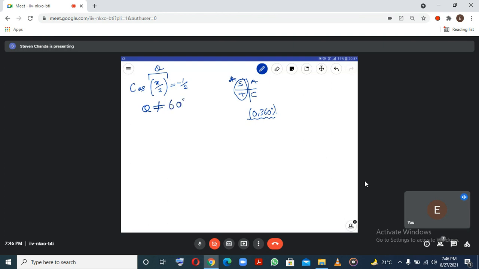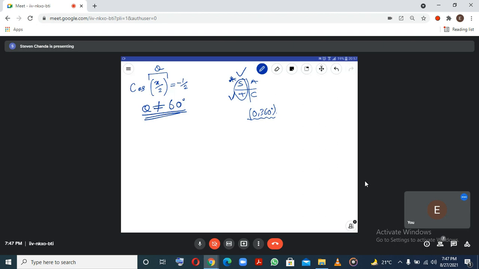Why isn't this the answer? Because if it's an acute angle, it's in the first quadrant, but we know that cos is negative. So the answers we are getting have to be in the second or third quadrant, but this answer is in the first quadrant. So what do we do to convert?